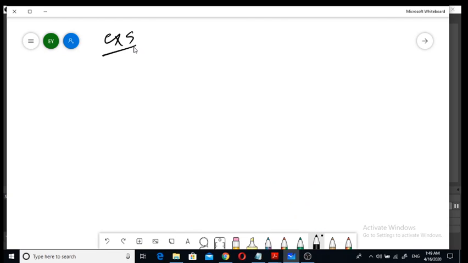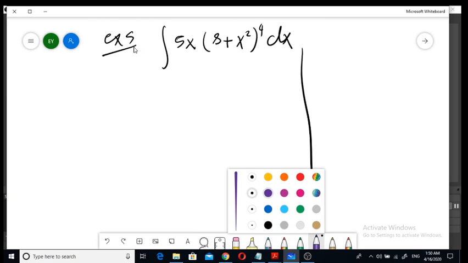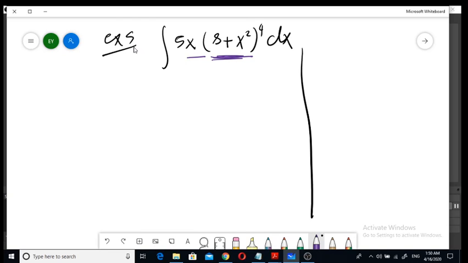Example 5. We need to evaluate the integration of 5x times (8 plus x squared) all to the power 4 dx. We have a product of two functions, and the second one is a composite function.